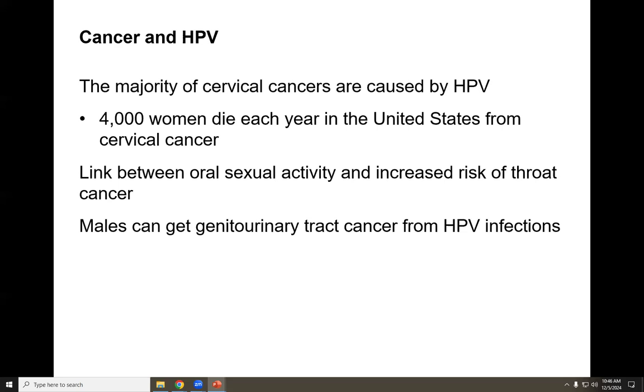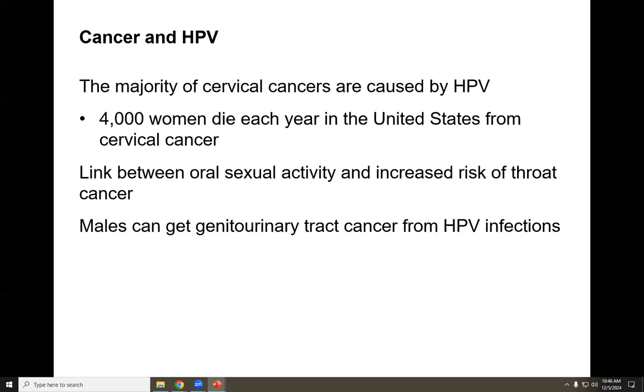Males can also get genitourinary tract cancer from HPV infections as well. So this is not limited just to cervical cancer. Typically, if you have the cervical cancer related HPV, you don't have any symptoms.